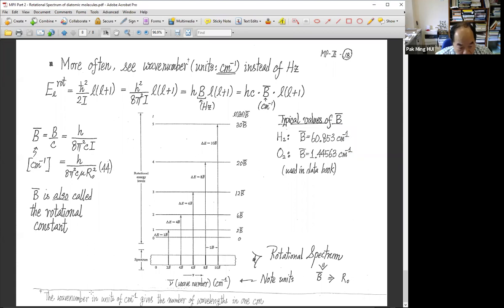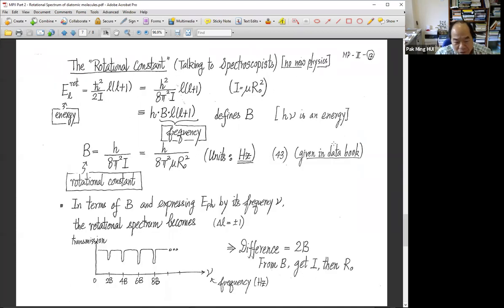Just to remind you, centimeter inverse means the following. In 1 centimeter, how many wavelengths are there? Of course it is talking about the same thing as the frequency, but in different units.